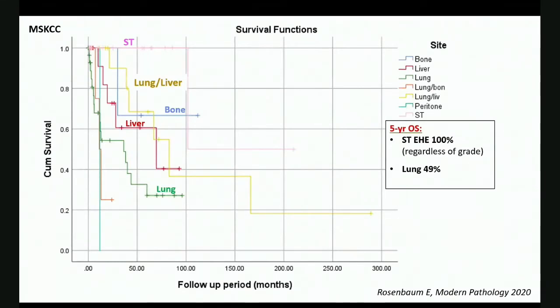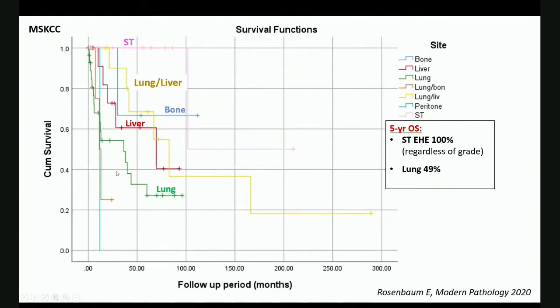Our recent series of 93 patients with confirmed molecular diagnosis provided a better view of the clinical heterogeneity. First, it showed that soft tissue EHE have the best outcome, with 100% survival, being mostly solitary lesions cured with surgical resection.